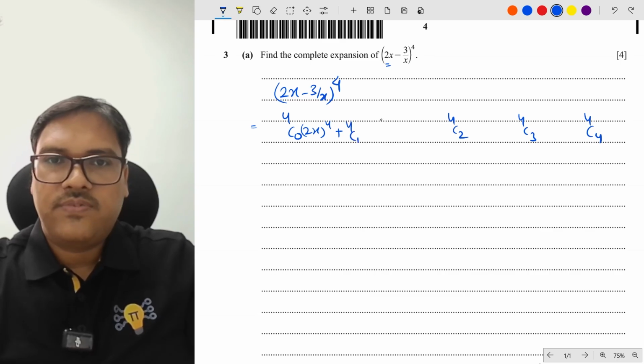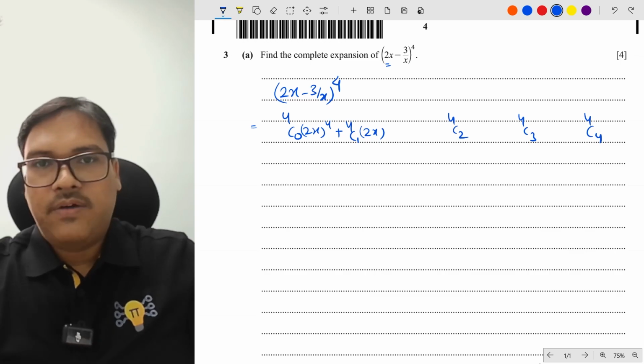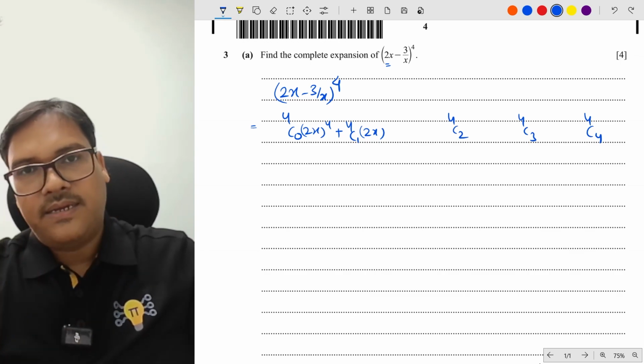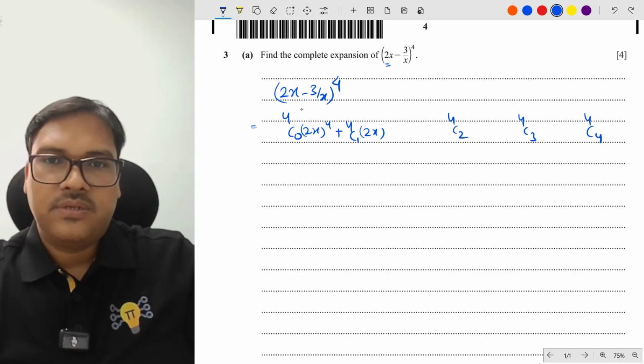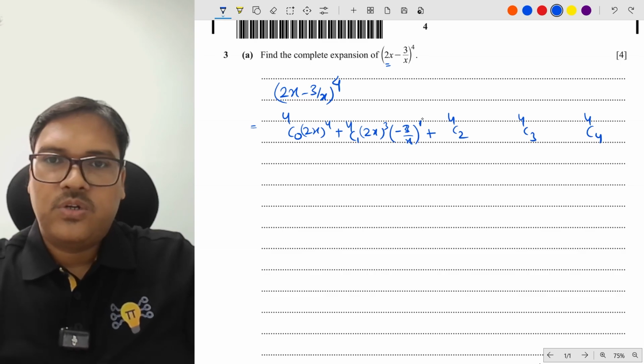This is 4c1, 2x raised to, what you can do is you can decrease the power on the first term and increase the power on the second term. So this is 2x raised to 3 and negative 3 by x raised to 1.